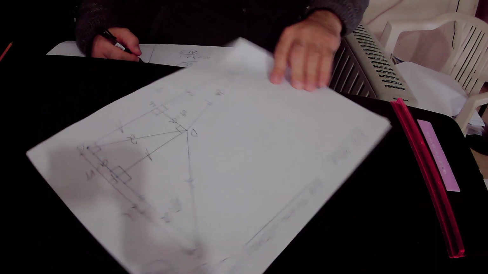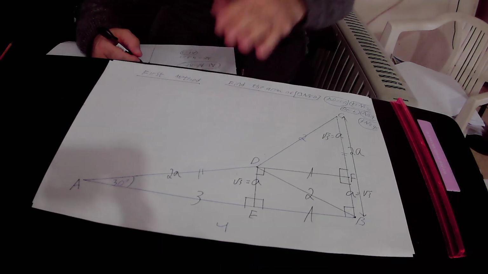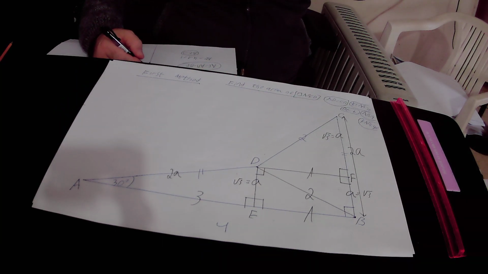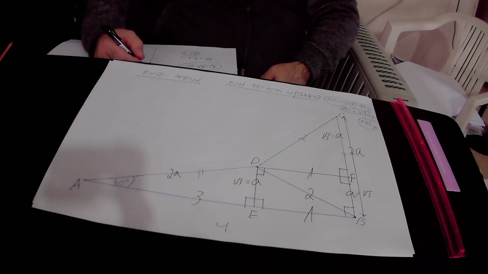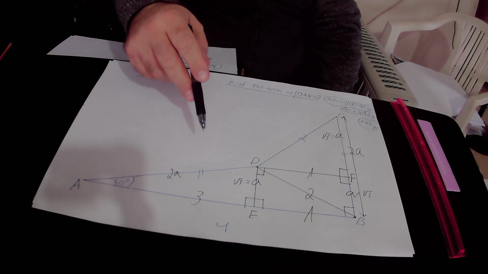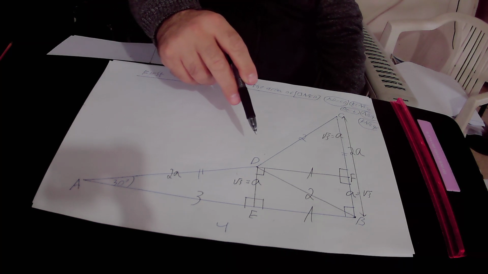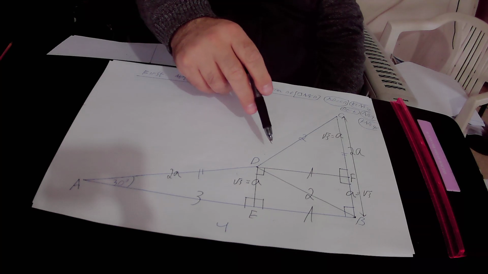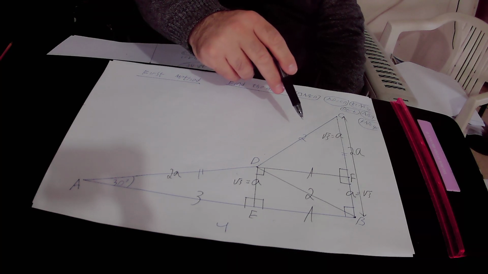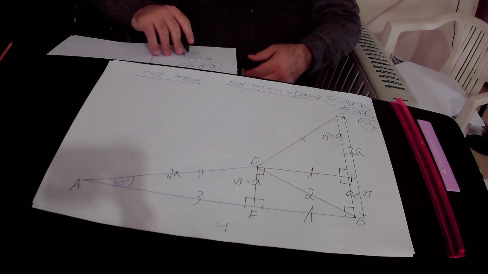So now we can find easily the area of quadrilateral ABCD. Why? Because the area of quadrilateral ABCD will be equal to the area of triangle ADE, the right triangle ADE, plus the area of rectangle DFEB, plus the area of the right triangle CFD. So I write it down.